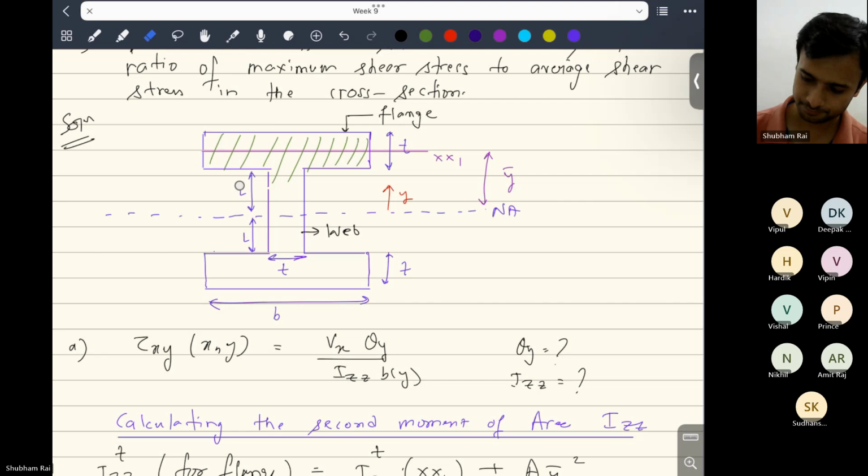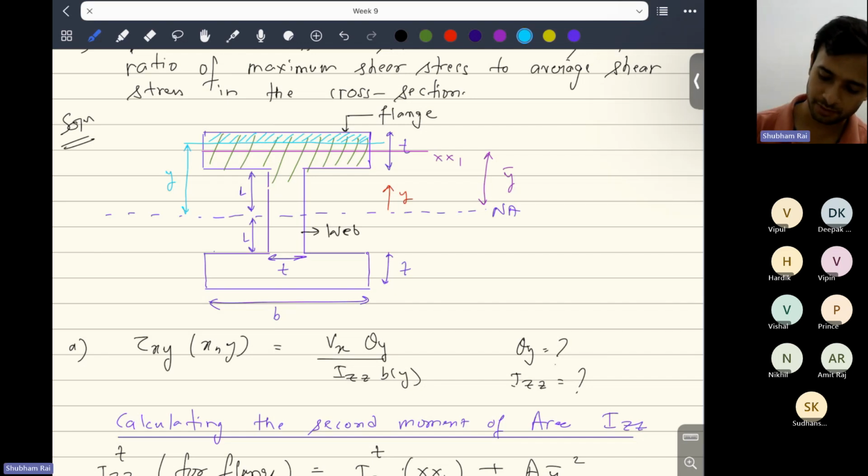Let's say we are at any point here, and this point is at distance y. So we have this as the shaded region now when we are in the flange. So for this shaded region, we have to find Q. Q will be area times centroid of this shaded region.